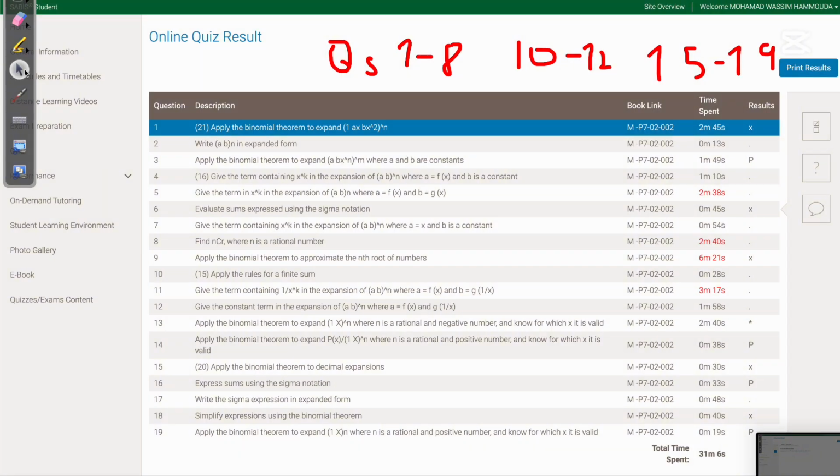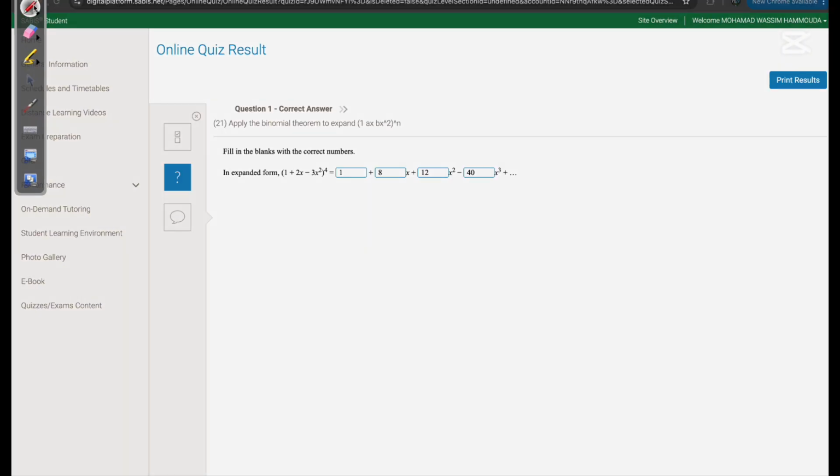Okay, let's get started. Okay guys, for this question, it's probably the toughest question in the entire material. We're going to take 1 plus 2x as a and negative 3x squared as b, and then expand normally.